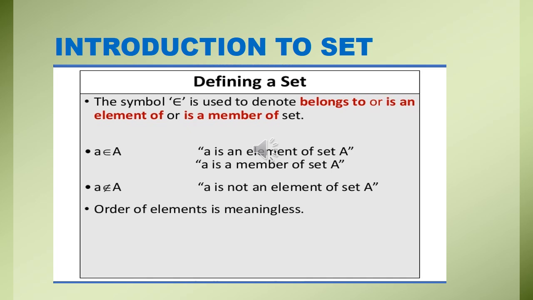The symbol epsilon is used to denote an element or member of a set. If any element is not part of the set, then we use this epsilon symbol and cut it. This shows that it is not a member of this particular set. Always keep in mind that the order of elements is meaningless. We can write them in any order. Clear?